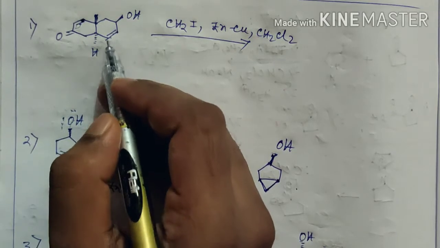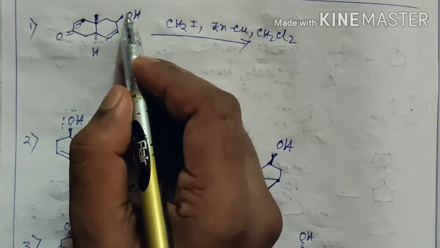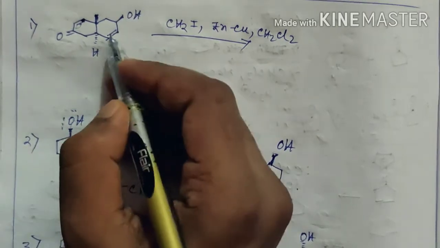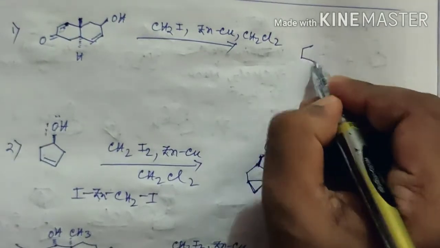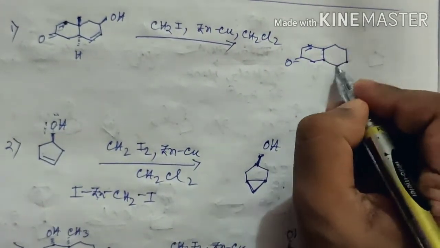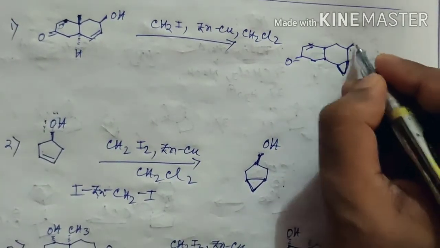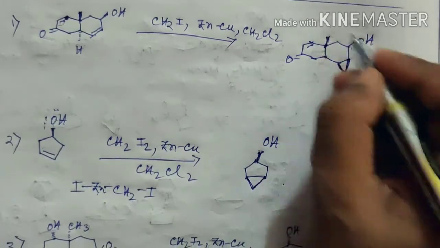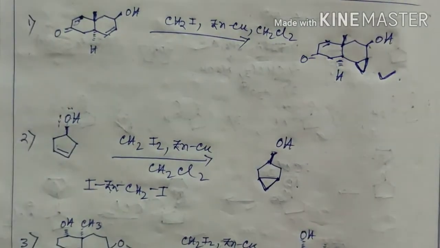So cyclopropane ring formation will occur with this double bond, and since the OH group is above the plane, cyclopropanation will occur from above the plane. Thus the final product will be this. So this will be the final product.